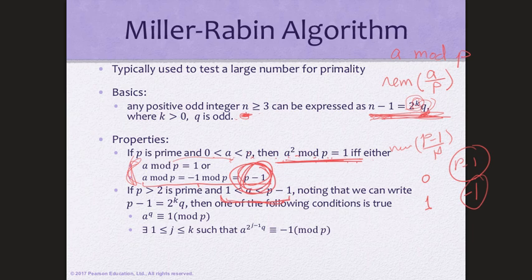Then one of the following conditions is true: A to the power Q is congruent to 1 mod P, or there exists a J greater than 1 and less than K such that this thing is true. Any integer between 1 and the value K.